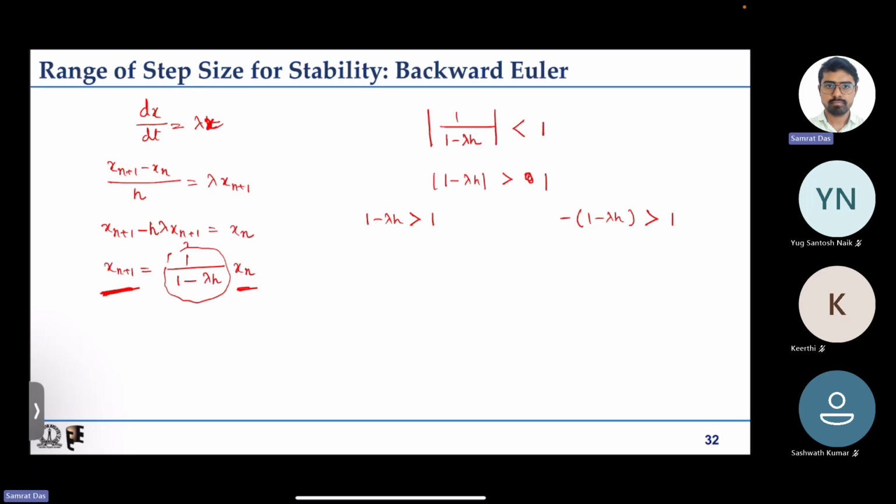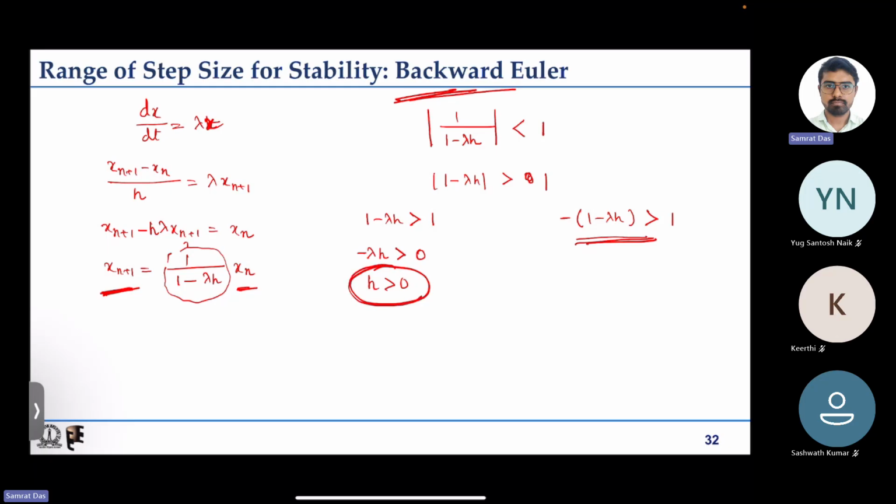Now this tells us that minus lambda h is greater than 0, that means h is greater than 0. So no matter how small the h value is, for any value of time step, if we use the backward Euler method, it will not go into instability, it will remain stable. I am not evaluating the second part of the inequality because it will again lead to a negative value of h, which is not a physical solution.